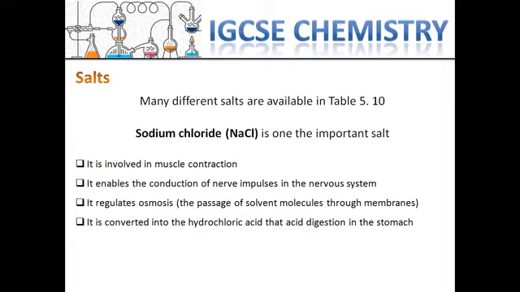It regulates osmosis. Osmosis is the passage of solvent molecules through membranes, for example, the transfer of salt or solvent through the cell membranes in your body. So sodium chloride has a very key role.